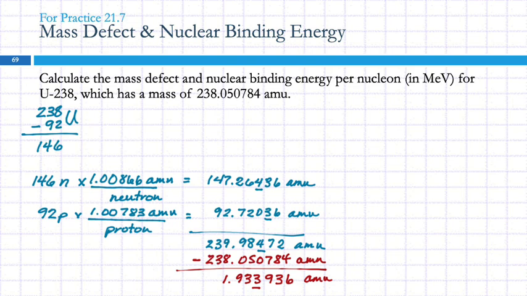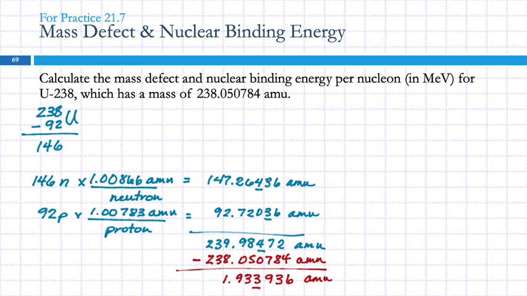Any questions? The math here is very straightforward, but you have to remember what to do, how to think about it. We need to find the mass of all the pieces that went into making a uranium-238 nucleus and compare that to the actual mass to see what the mass defect is.